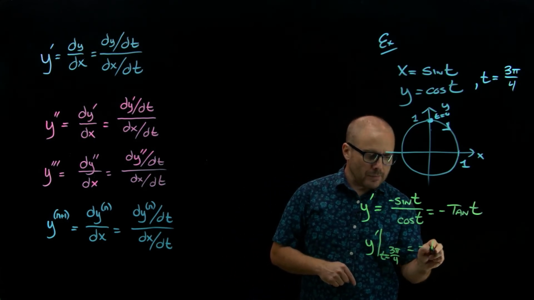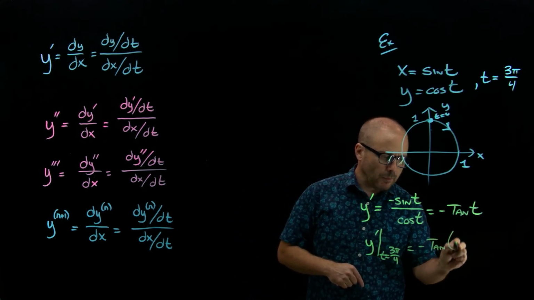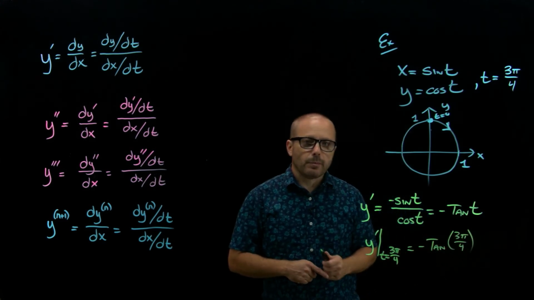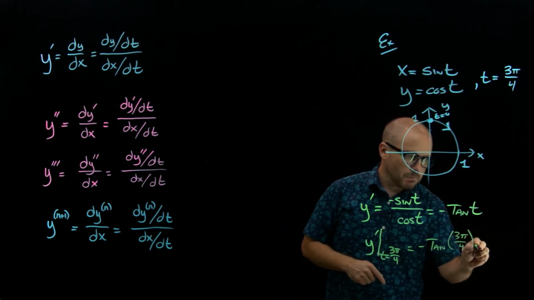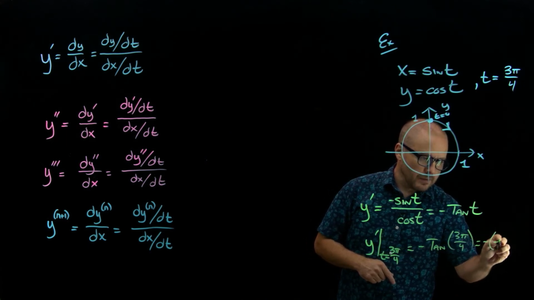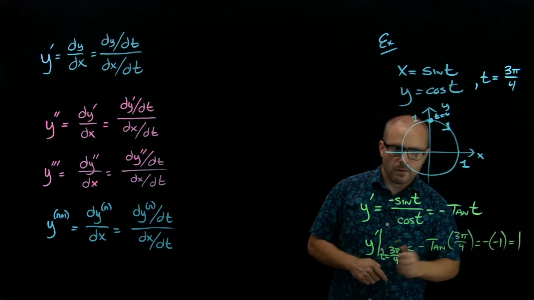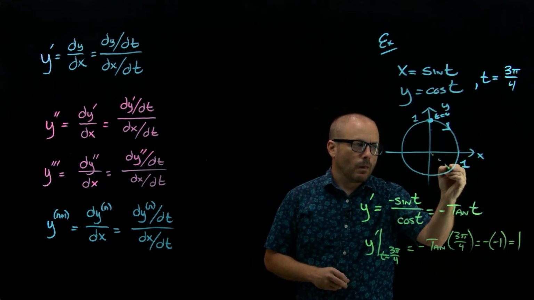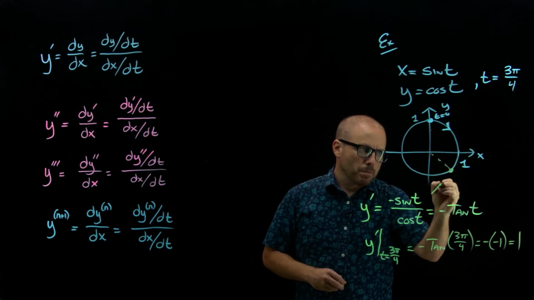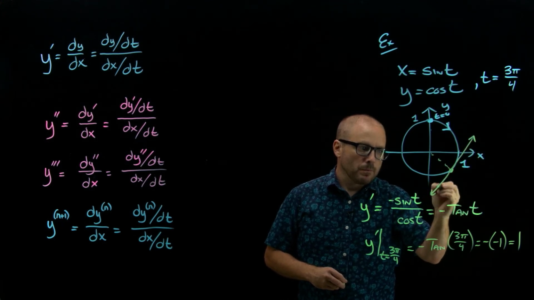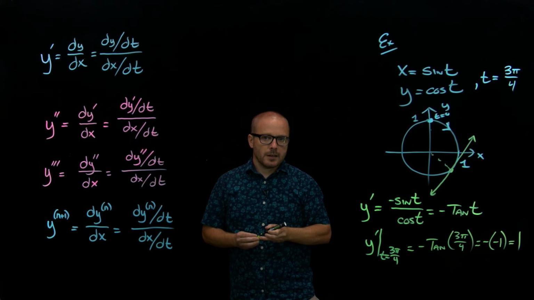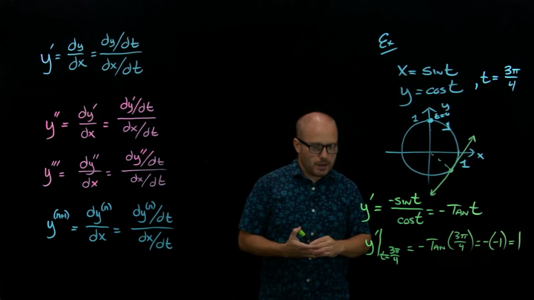So that's negative tangent of 3 pi over 4. Tangent of 3 pi over 4 is negative 1. So we have negative negative 1, or 1, which makes sense because we're talking about that line, slope of 1. Seems reasonable.